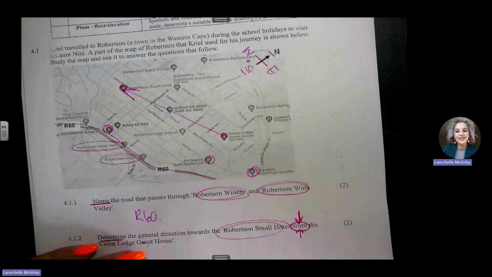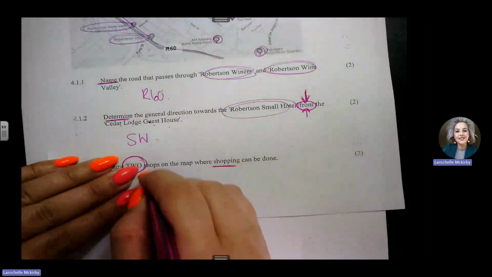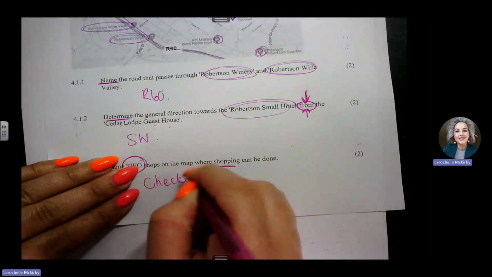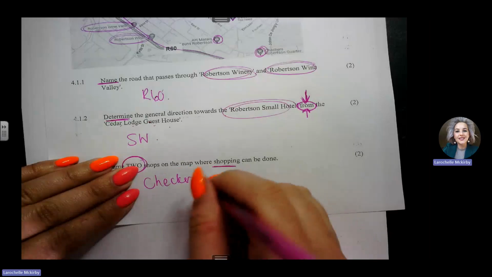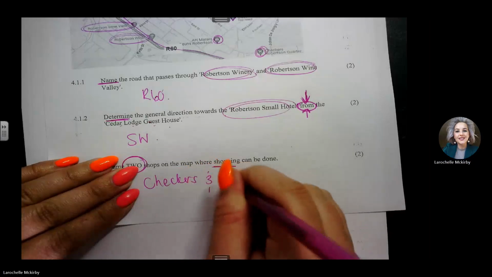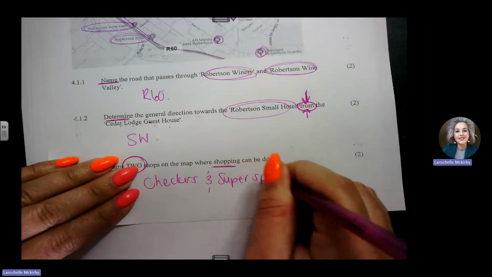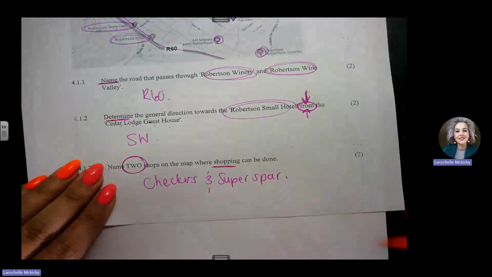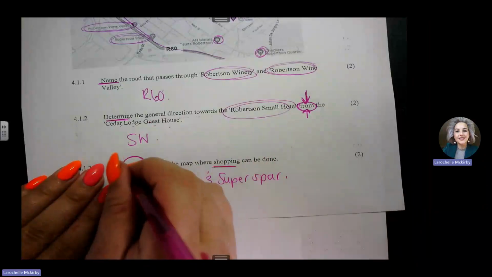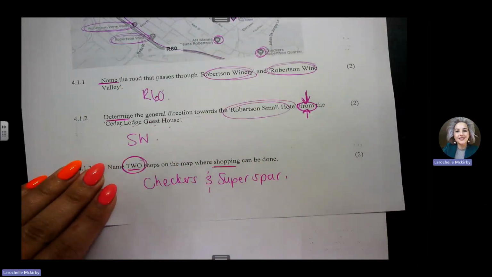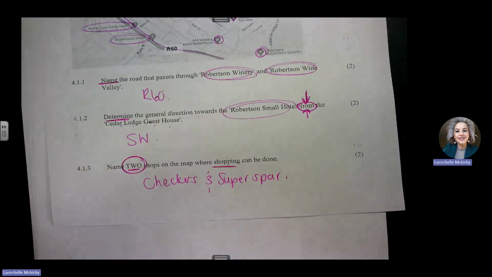So I'm looking at shops. I will say the one that is most definitely known to me will be Checkers, and the other one will be Superspar. So please refrain from stating all of it because they only specifically asked for 2. So keep with what they are asking you to do.